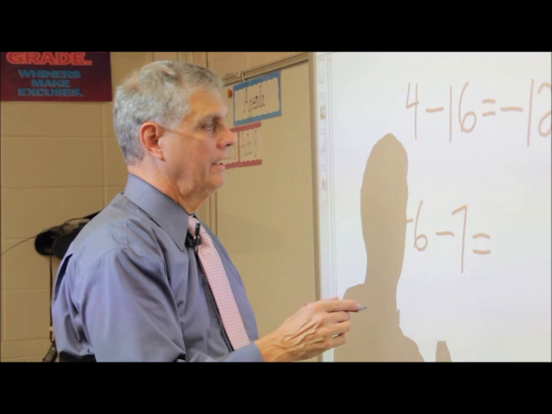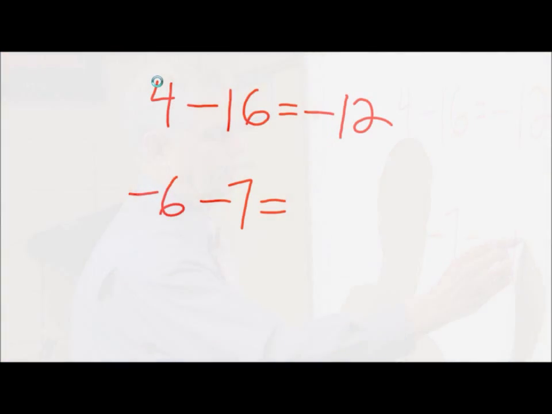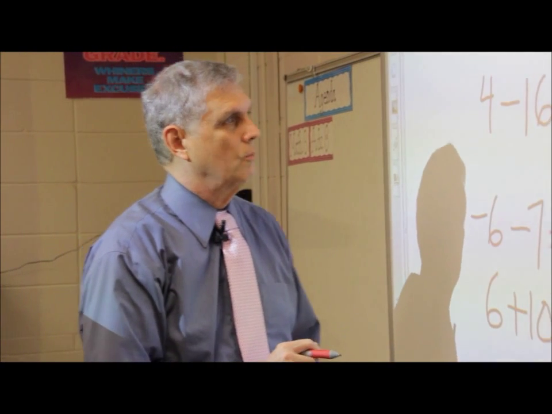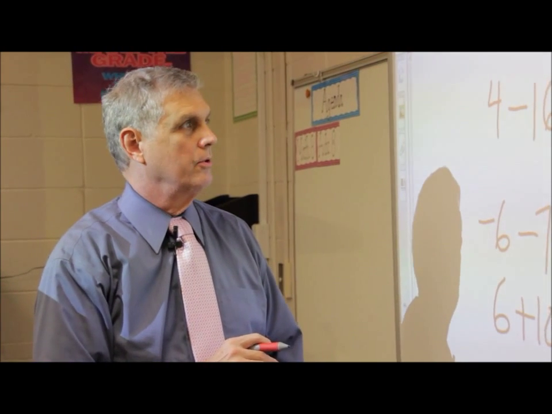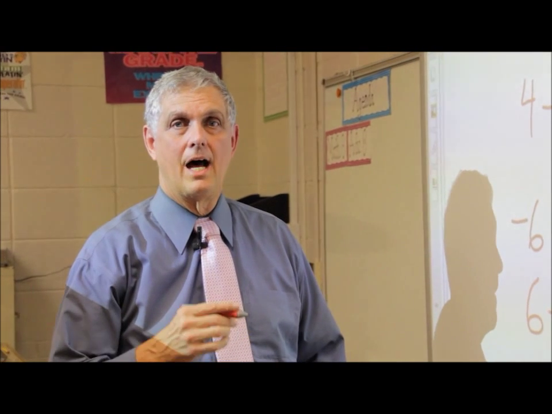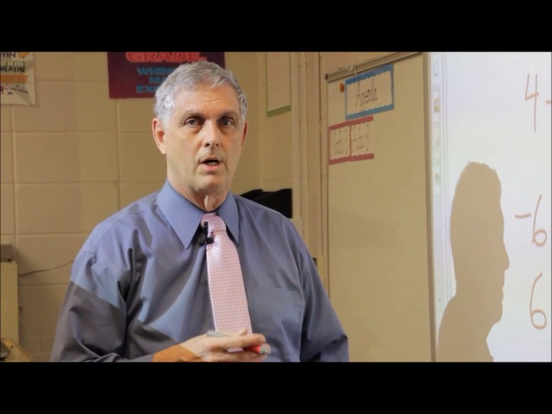So we're going to add 6 and 7 together to get 13, and we keep the sign that they had, minus. Same thing, of course, and it becomes more obvious when you're dealing with positive signs. If we had 6 and a 10, and we combine them, that's going to be 16. This is all basic information that you're dealing with when you're doing addition and subtraction. So now let's take a look at how the rules are when you are multiplying or dividing.